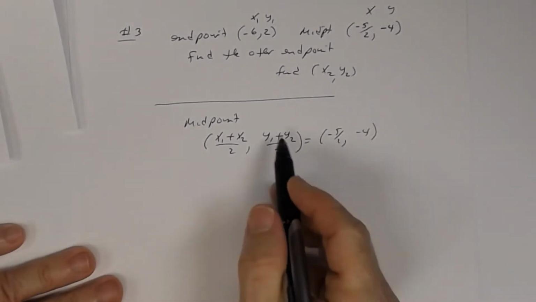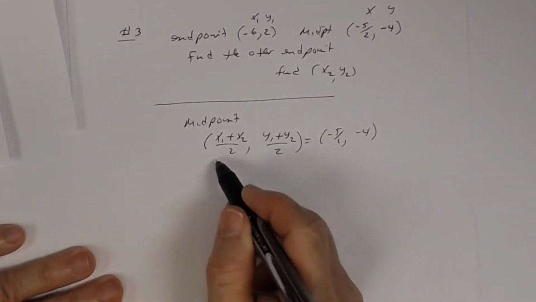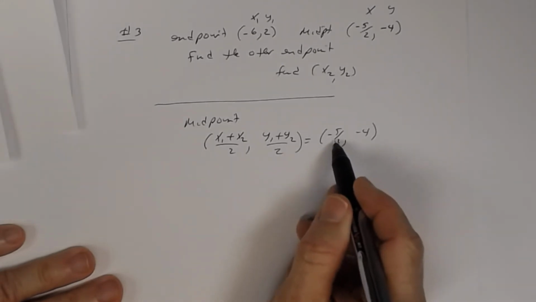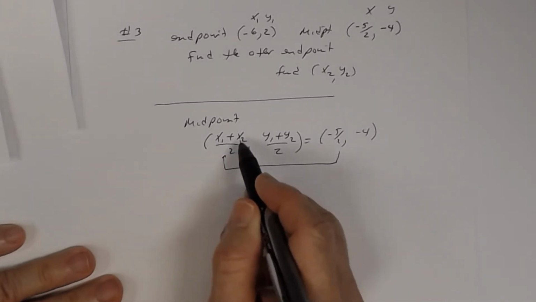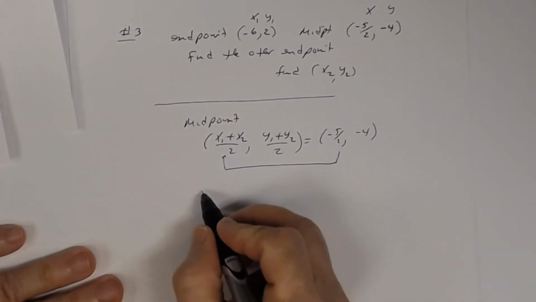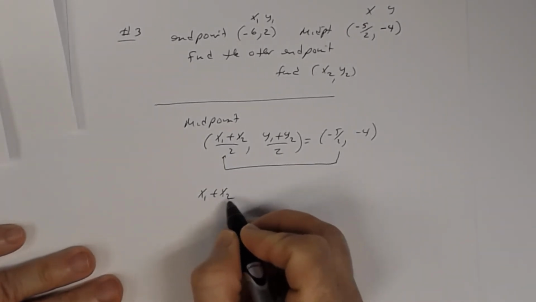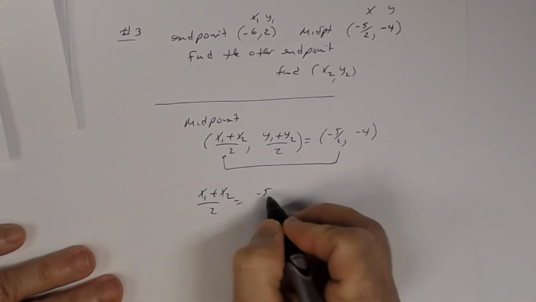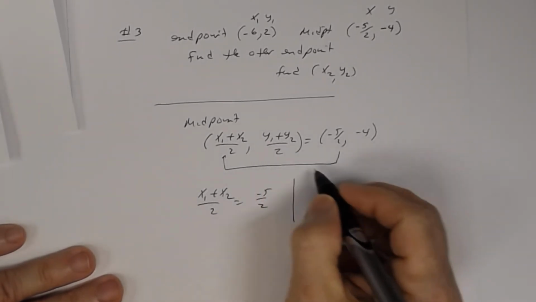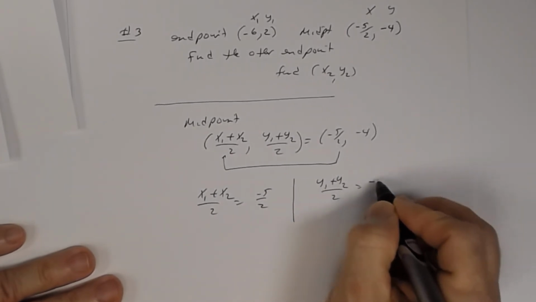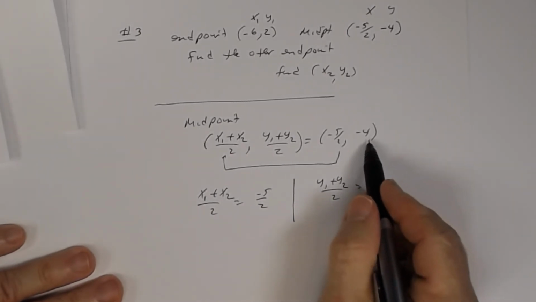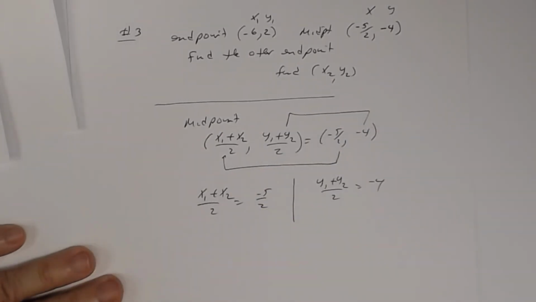All right, so now remember that the x coordinate of the midpoint, you get by taking the average of the x coordinates. So x1 plus x2 divided by 2 must equal negative 5 halves. And then the same thing for the y coordinates. y1 plus y2 divided by 2 must equal negative 4. Okay? So those must be the same.